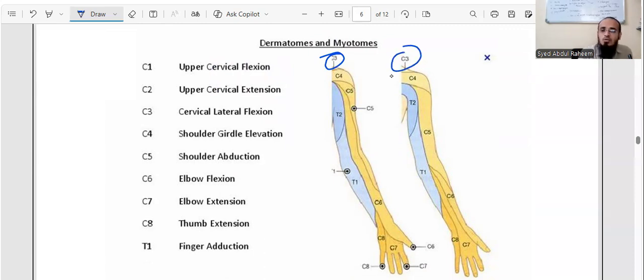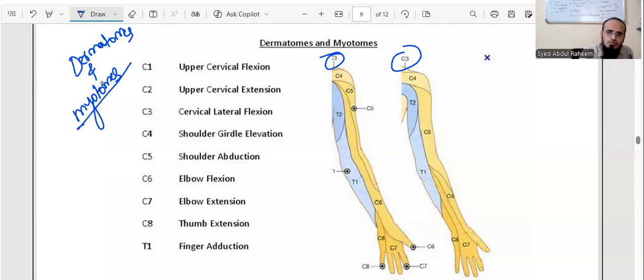Here two terms you have to remember. One is dermatomes and one is myotomes. What is a myotome? A myotome means a single nerve innervating a particular muscle. One example I will give you: this is the deltoid muscle.